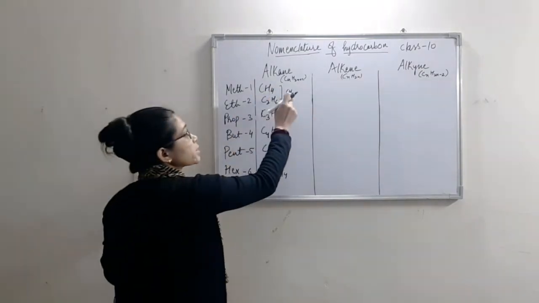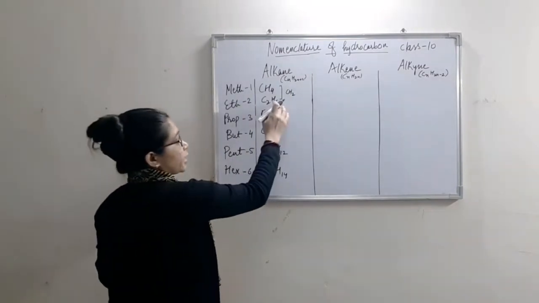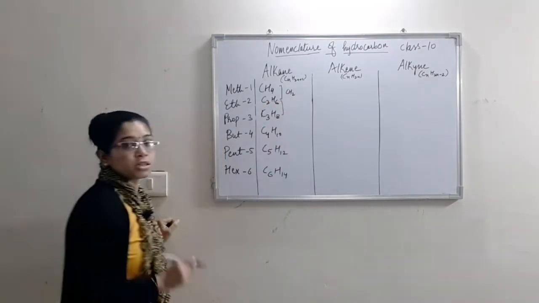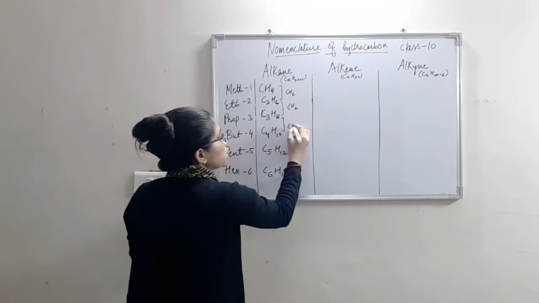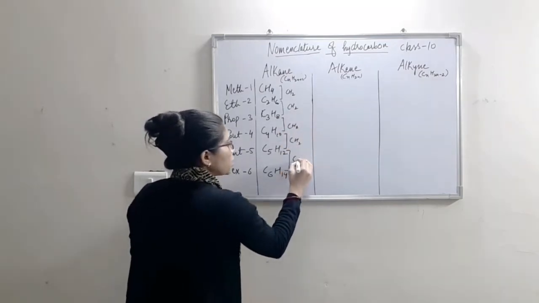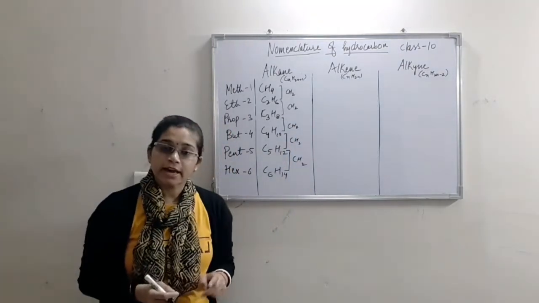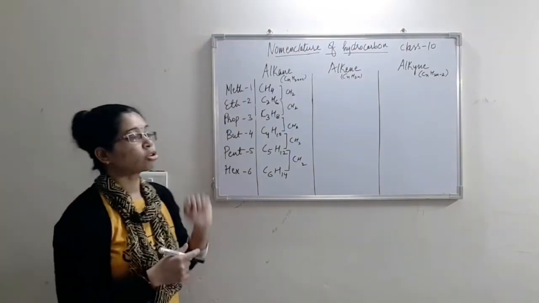So if you add CH2 to this group, you will get C2H6, that is ethane. Again, if you compare both of these adjacent compounds, again the difference will be CH2. This difference is the same, that is why we call it a homologous series. Now this was about homologous series.